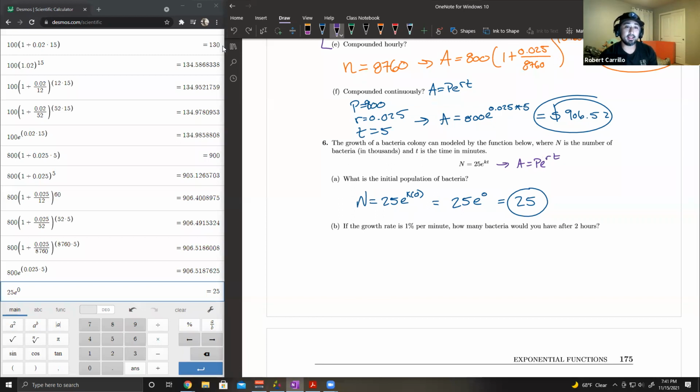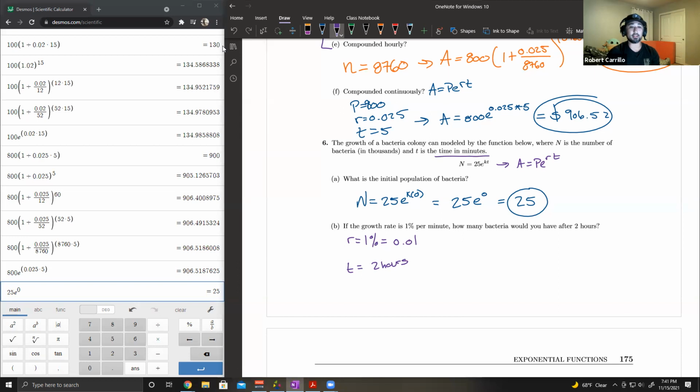Now B says, if the growth rate is 1% per minute, how many bacteria would we have after 2 hours? Here they're giving us a rate and they're giving us time. The rate is 1%, which we change into 0.01, and time is 2 hours. But if we read the problem again, time has to be in minutes.